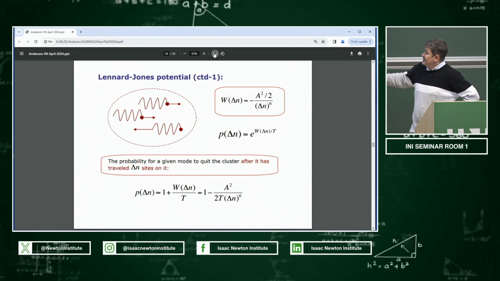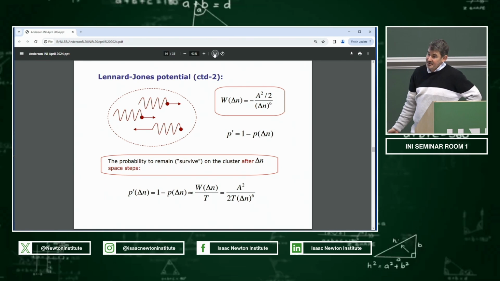That would be exactly the probability to quit a cluster after delta n step sizes on it. So, expanding the exponential function, it would be 1 minus a squared over 2T delta n. So this is large, so upon a very large number of steps you get 1. Then there is a probability to survive on the cluster after delta n steps, which is 1 minus p. So you have this nice thing.